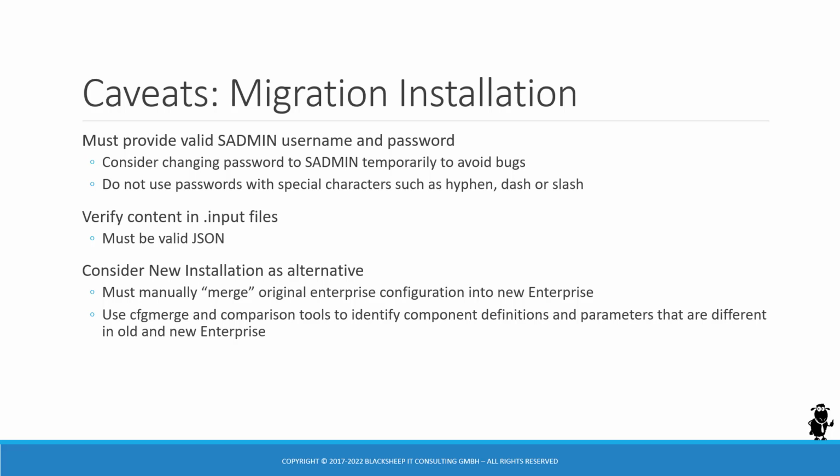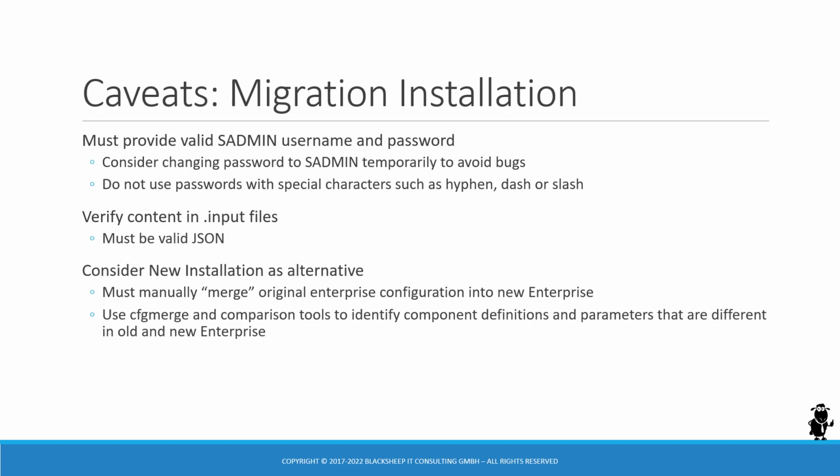So the alternative to migration installation, as we already discussed, is a new installation. In an upgrade scenario, this means that you have to manually find a way to merge the original enterprise configuration from the SIEBNS file to the new enterprise.